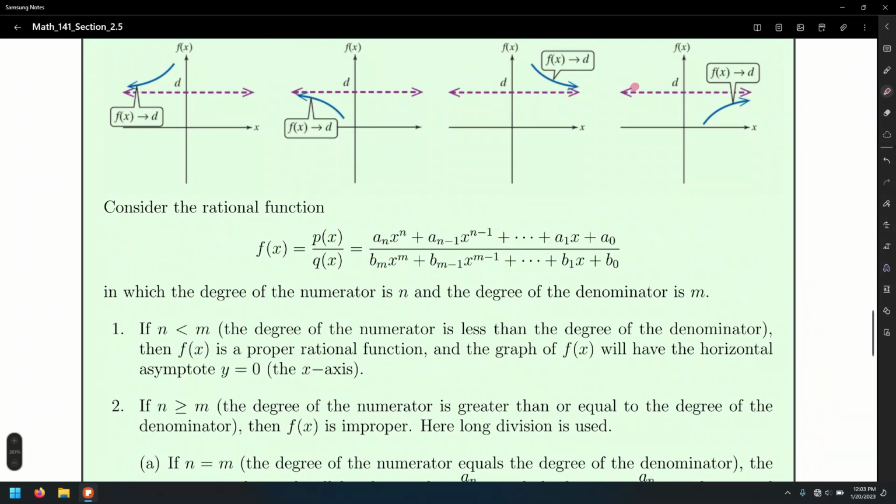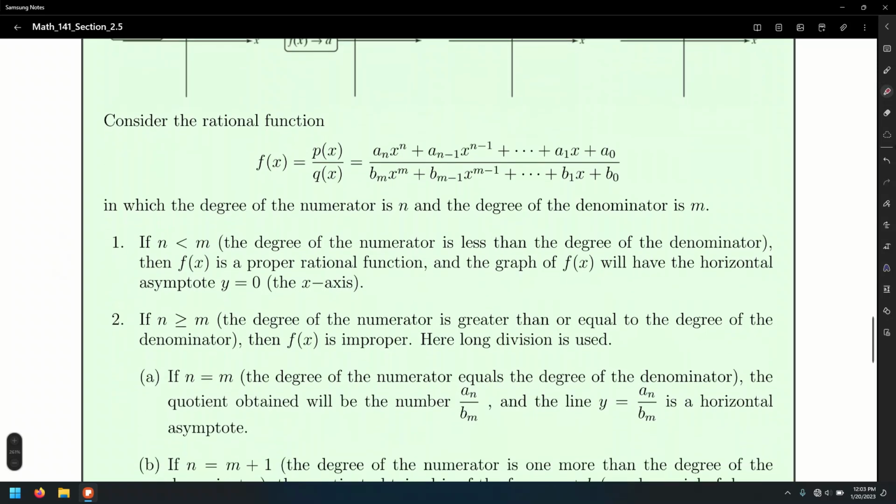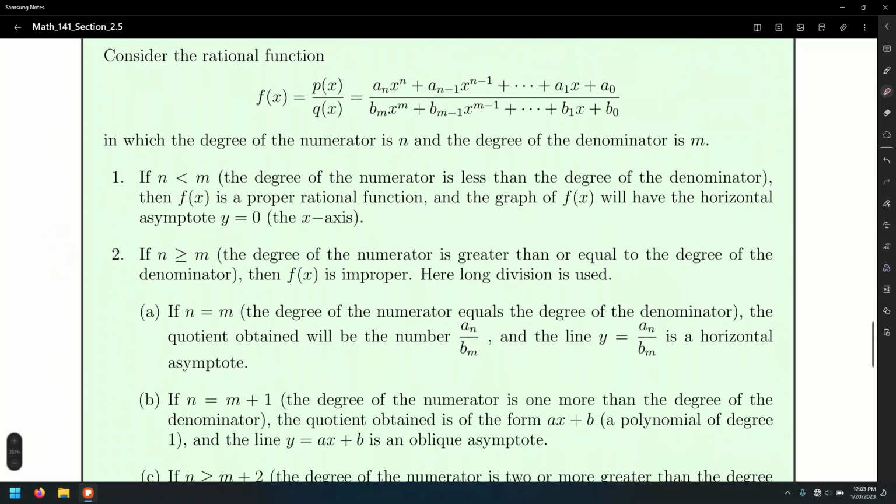So everything is described over here. We have a rational function of this form, p of x over q of x, where again, these numerators and denominators have to be strictly polynomials, and those are described in this form. That's a polynomial, that's another polynomial.